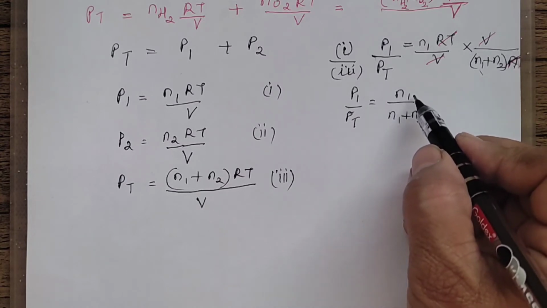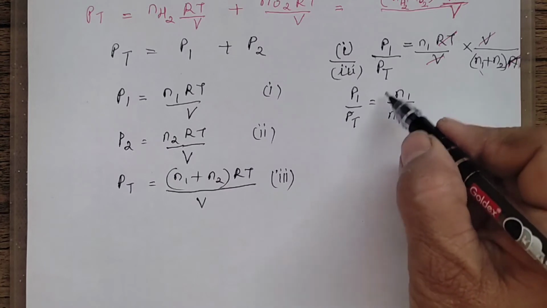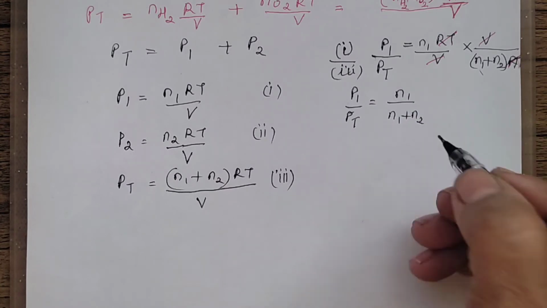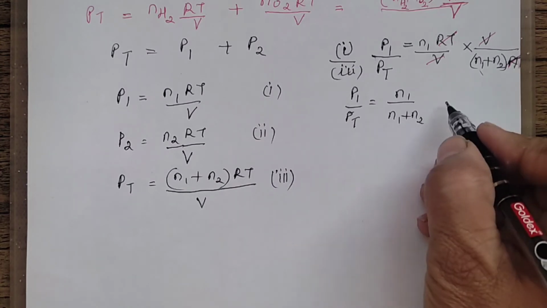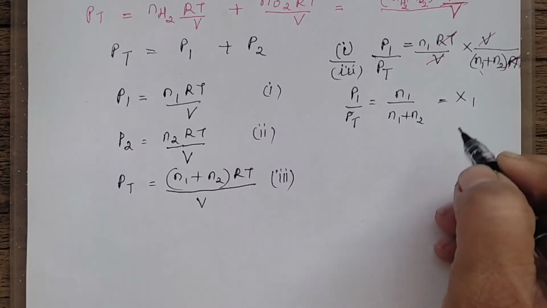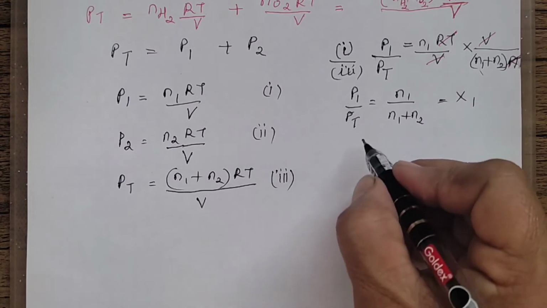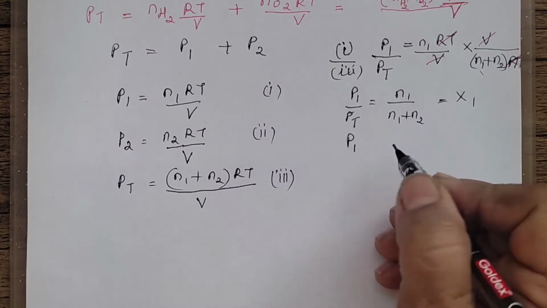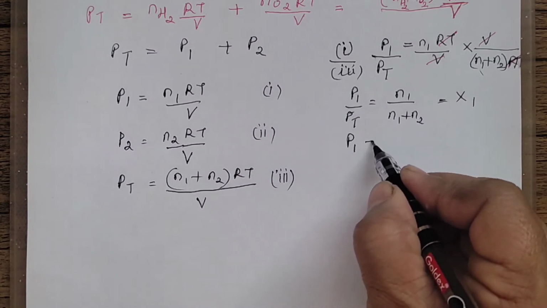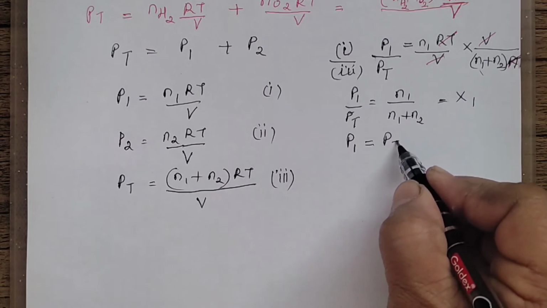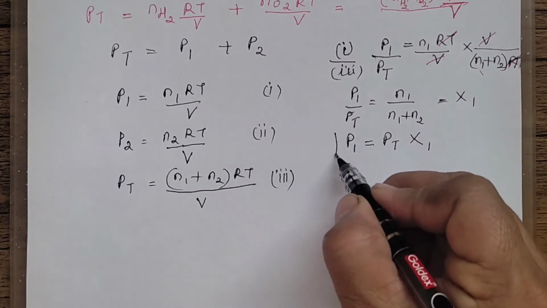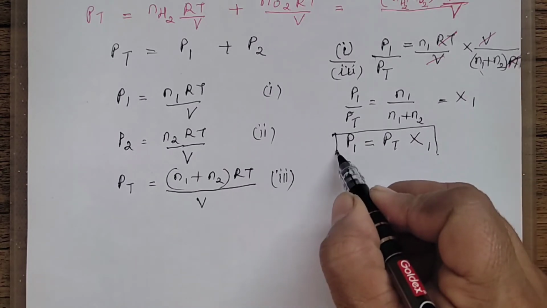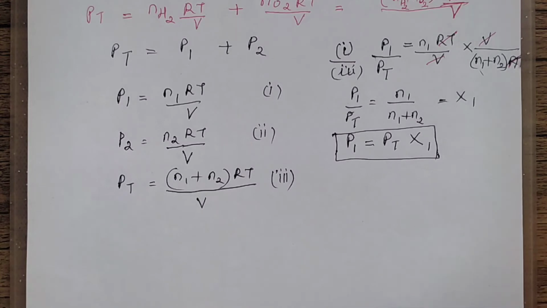The number of moles of 1 by the sum of the number of moles. This can also be written as the mole fraction of the first gas. So we got one formula just now: the partial pressure of the first gas is equal to the total pressure multiplied by the mole fraction of the first gas. This is an important formula which we will require for numericals.